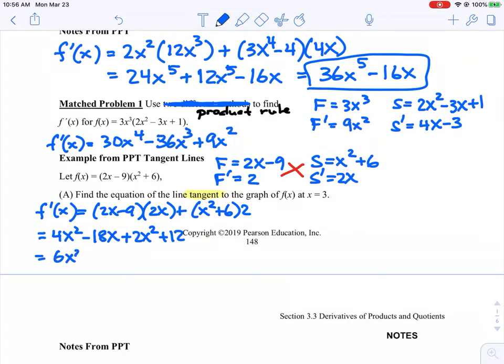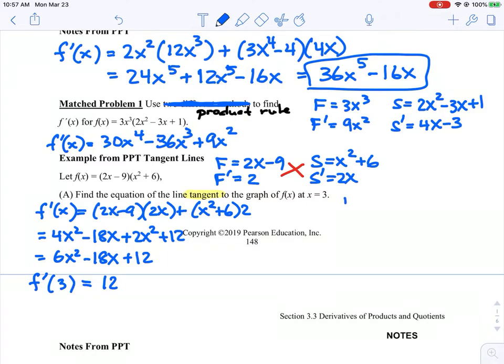So I get 6x squared minus 18x plus 12. And since it wants to know now at x equals 3, I need to actually find what that first derivative is at 3. Substituting, you get 12.